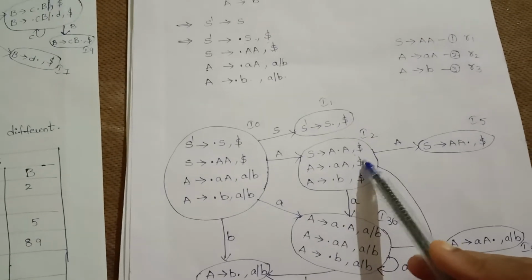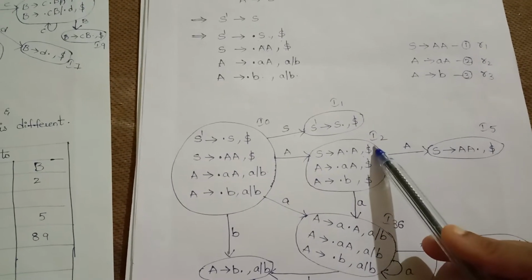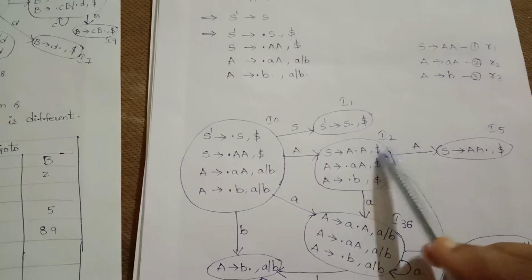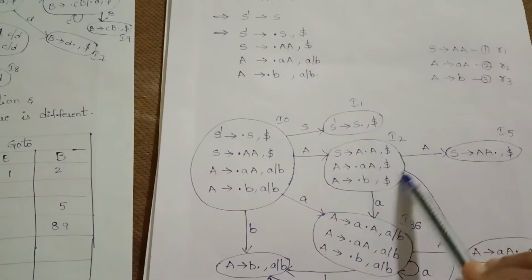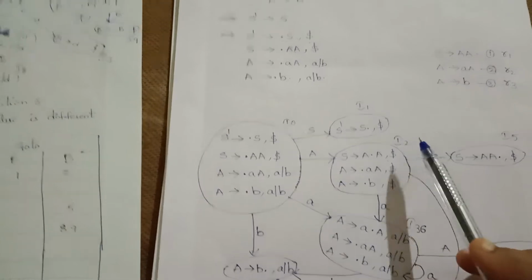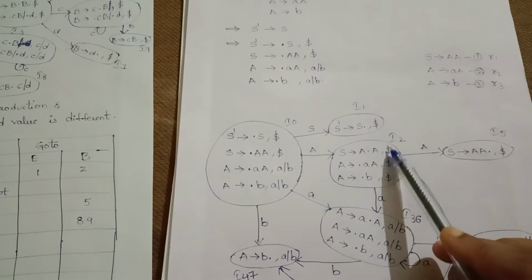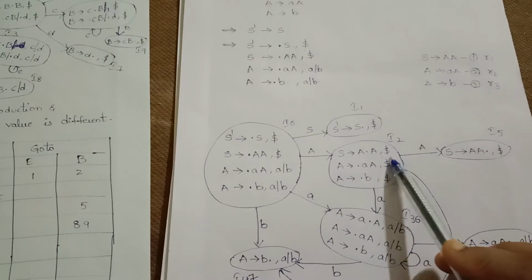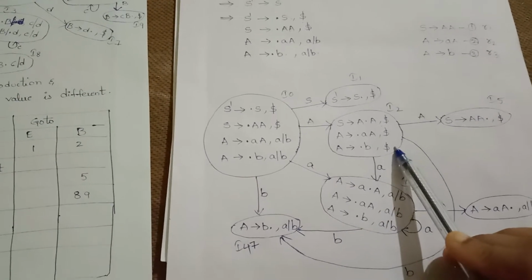For the look ahead symbol, we write whatever look ahead symbol we have in the existing state. We are considering this as state I2, and in I2 the look ahead symbol is dollar. This look ahead symbol only you need to consider here.